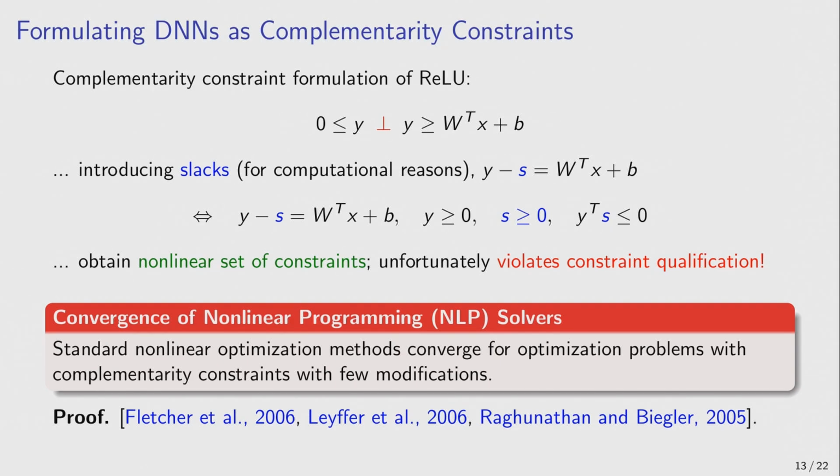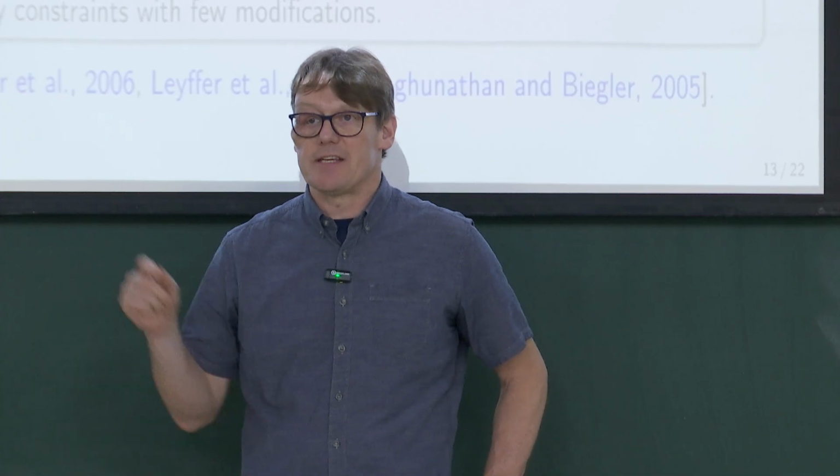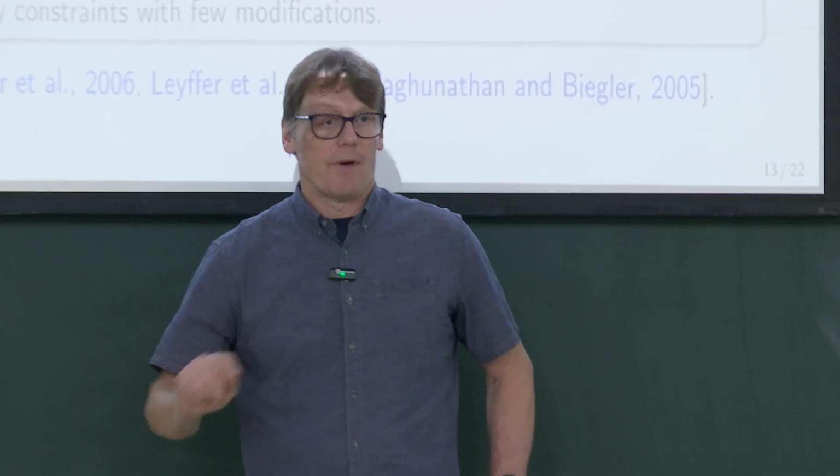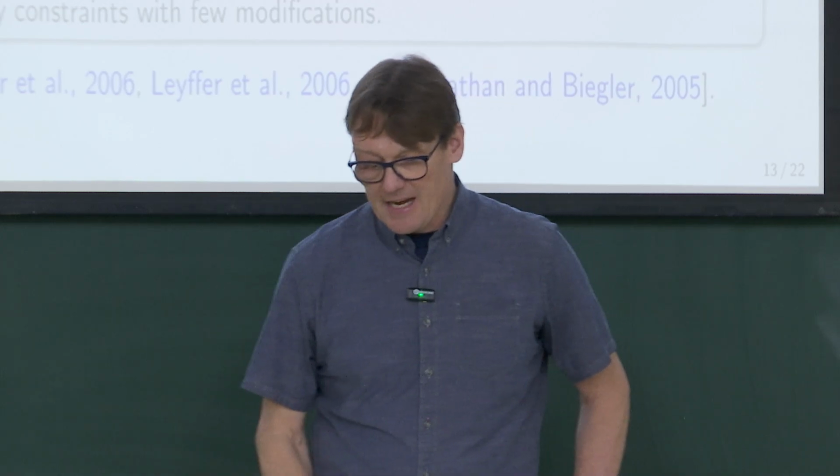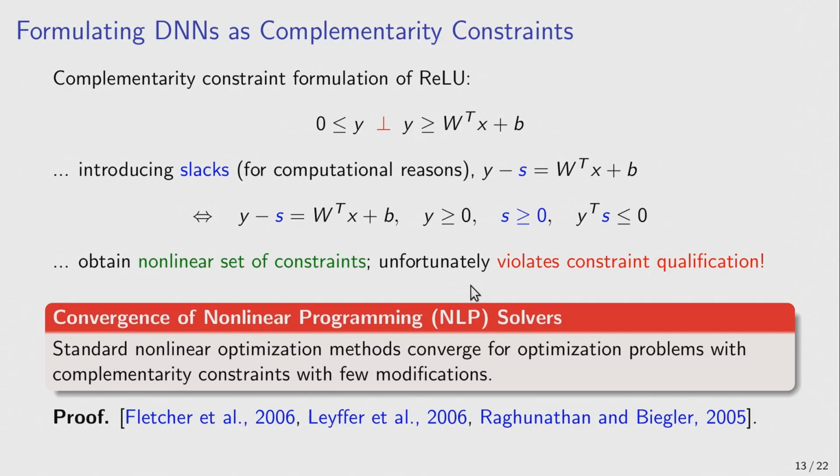Typically when you see complementarity constraints, you see them written as equal to 0, but that gives rise to some undesired properties numerically. Still, this formulation violates constraint qualifications. So for the nonlinear solvers, you need to be a little bit careful, but there's been a lot of progress on making sure that the nonlinear solvers work for these kinds of problems.